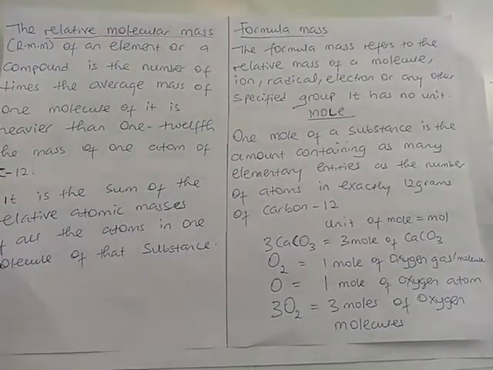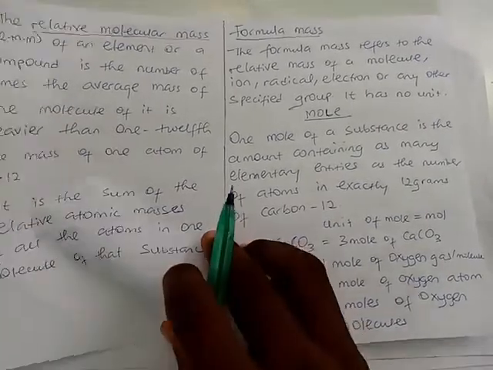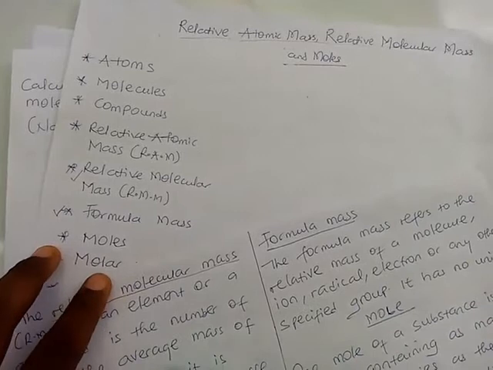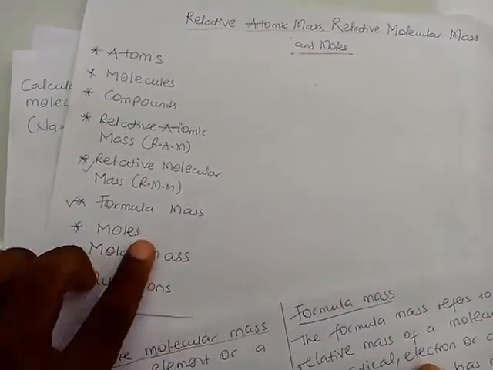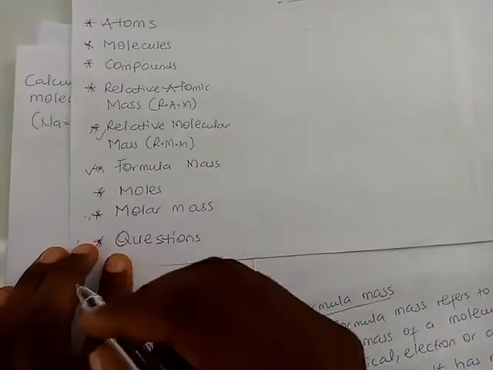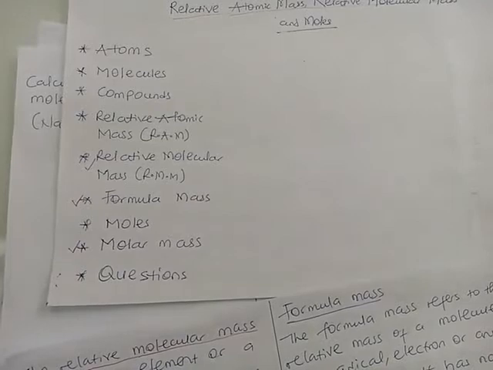So having discussed the mole, what is remaining is just molar mass. If you look carefully here, this is where we are now. Molar mass. So we'll ask ourselves, what then is the molar mass?